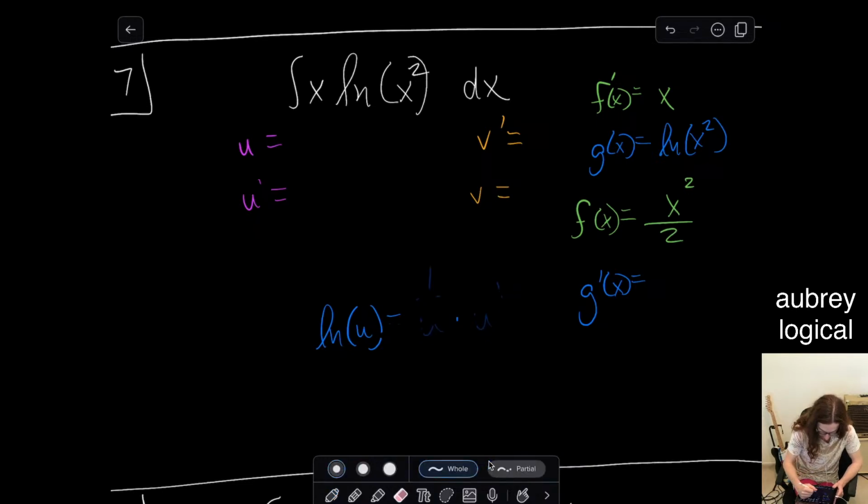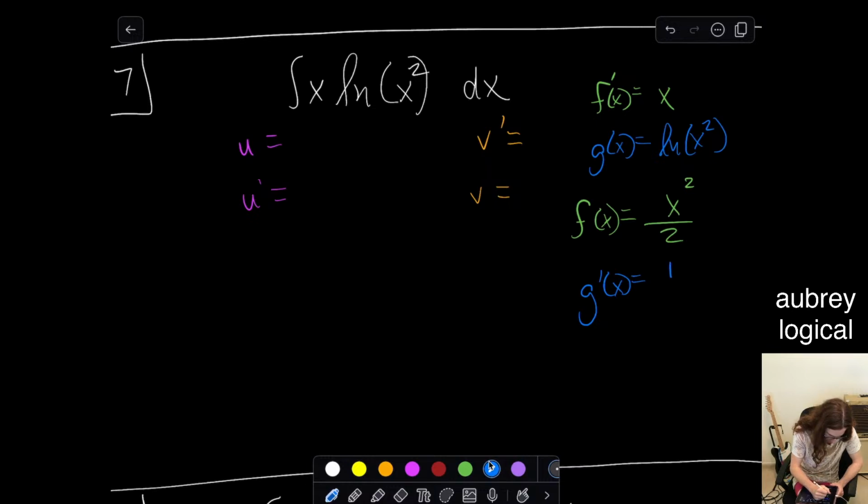So we've got 1 over x squared, and then we're going to take that times the derivative of x squared, which is, to take a derivative, we decrease this number by 1, but then we bring the old number out front, so it's going to be 2x.